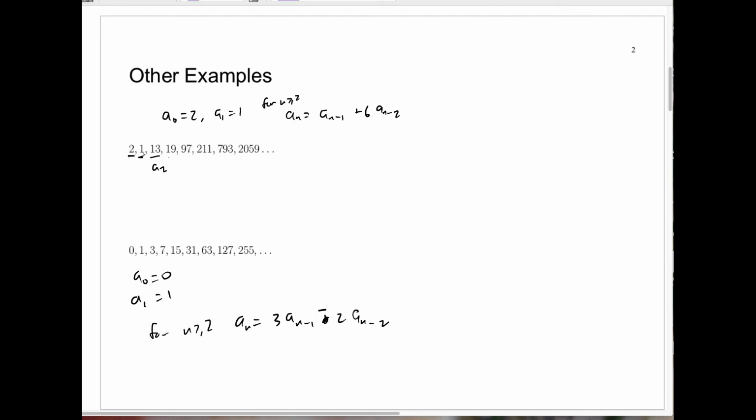Especially for this last one, you notice each term is just about, in fact, just over 2 times the previous term. Here, each term looks like it's growing by some reasonable multiple times the previous term, but it's a little harder to see exactly what that might be. And the same is true for the Fibonacci sequence.